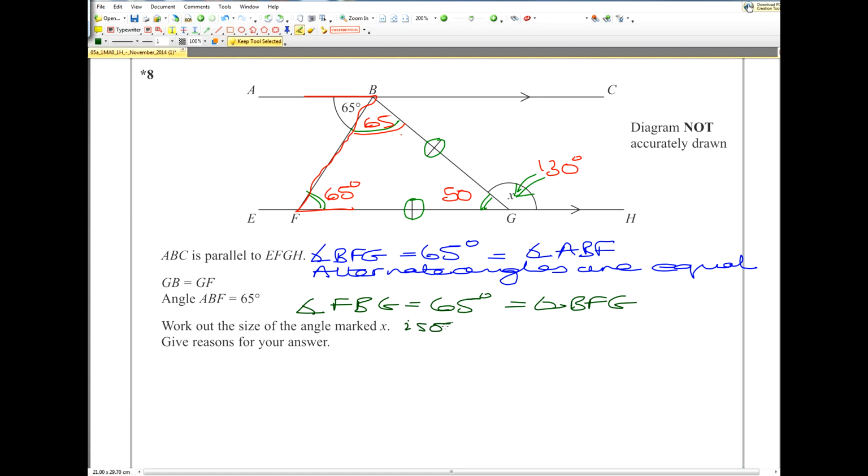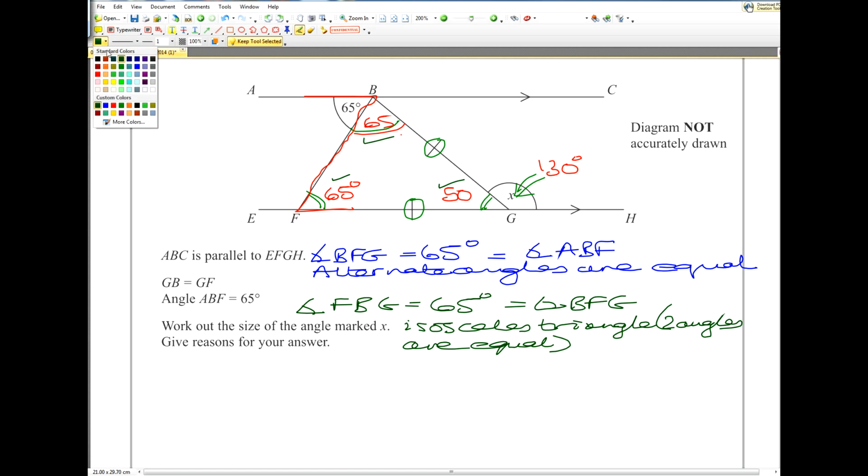Isosceles triangle, two angles are equal. Okay, lovely. So now, those two angles are equal, yeah? So we've explained this one, we've explained that one, and now we need to explain that one next.